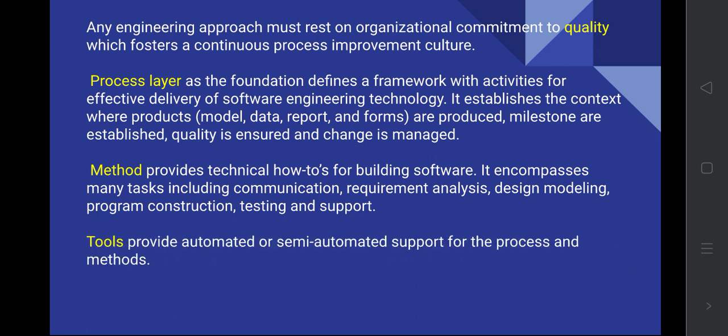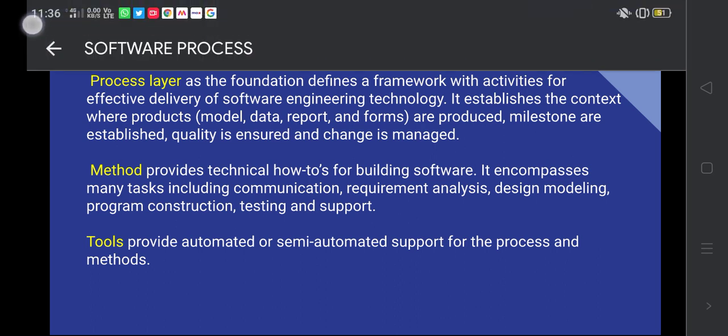we have the tools. The tools provide automated or semi-automated support for the process and the methods. The tools are the means by which the work can be done efficiently and easily. When you say automated or semi-automated tools, for example in testing, not all testing can be automated.